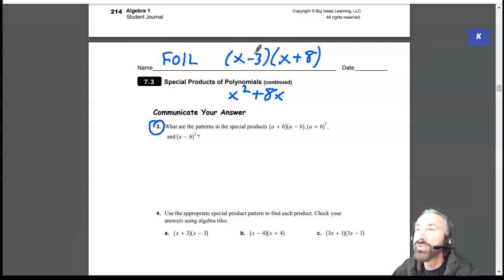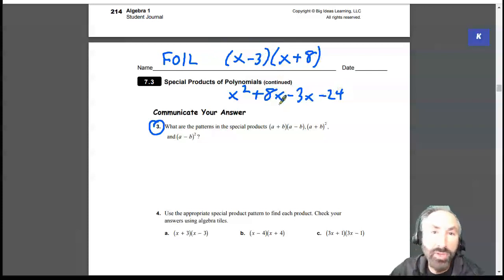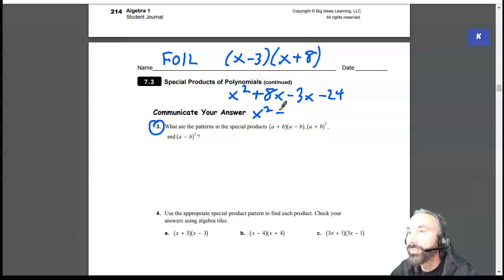The inner two things are negative 3 times x, so that's negative 3x. And then the last two things are negative 3 times 8, so that's negative 24. And then you combine together the like terms, the x's. In this case, we would get x squared plus 5x minus 24, and you would box that.